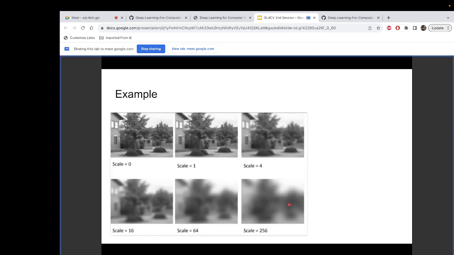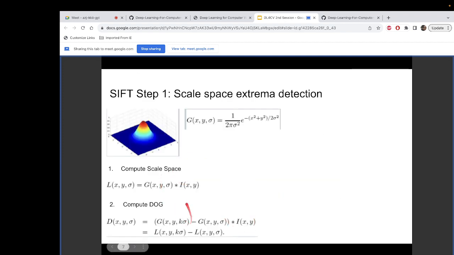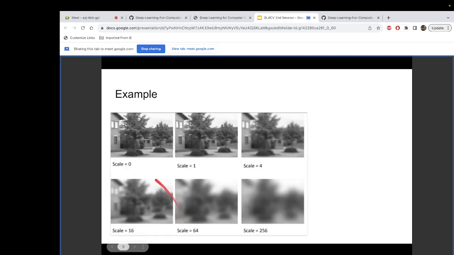One thing to look at is what happens to this scale. What happens if I convolve a Gaussian kernel with an image with different scale values? If this is your original image, when I convolve a Gaussian filter with a scale value of 0, that means there is no standard deviation at all, hence your image remains the same.